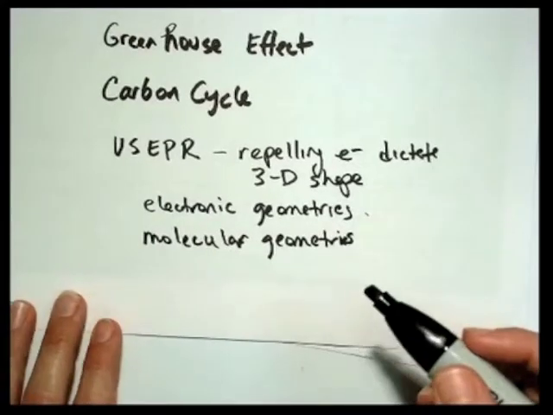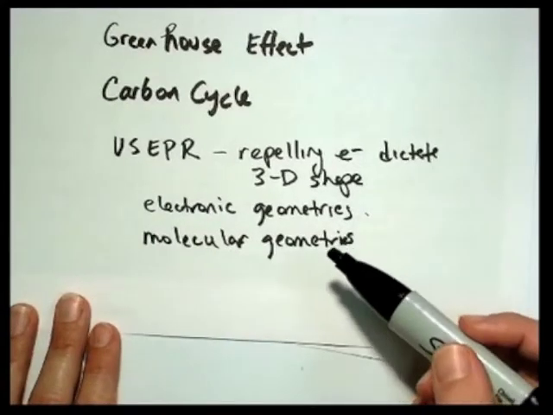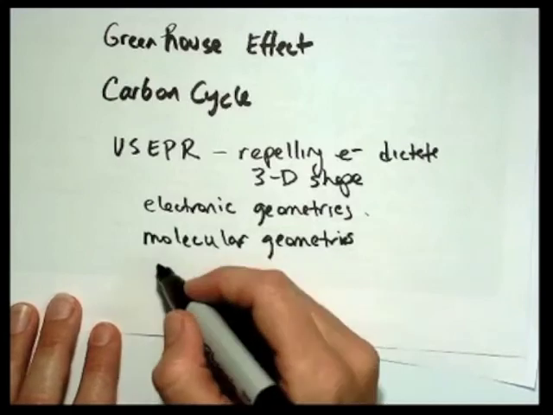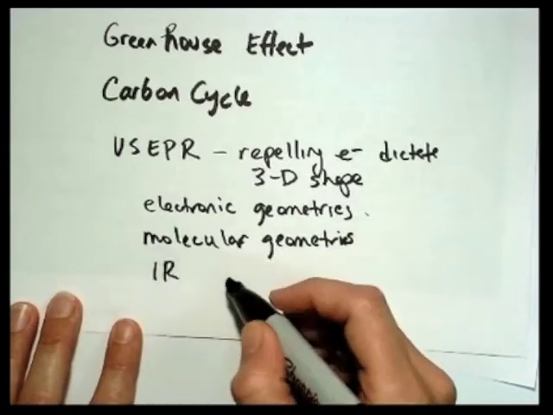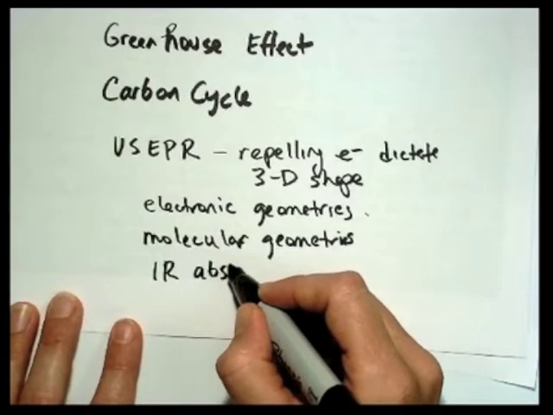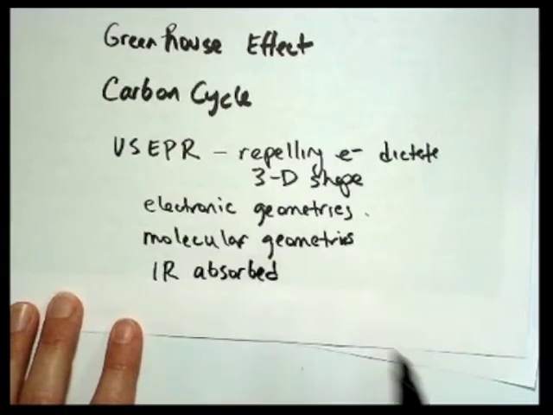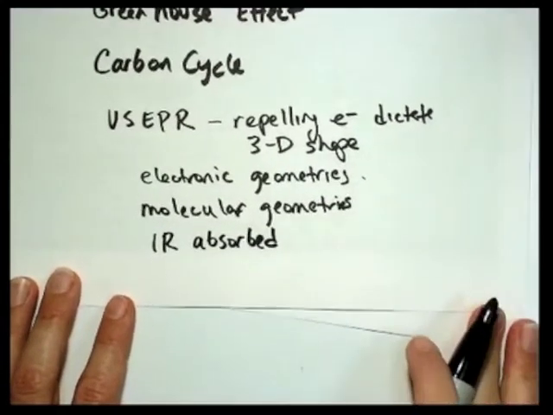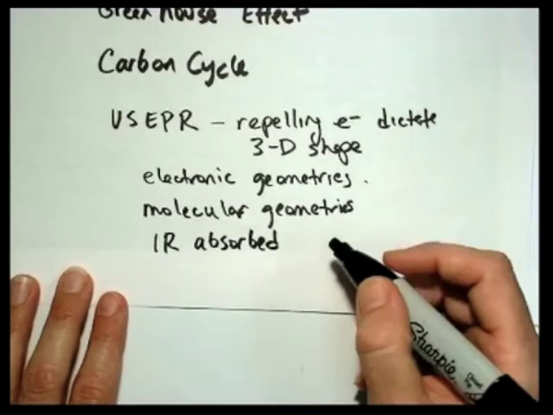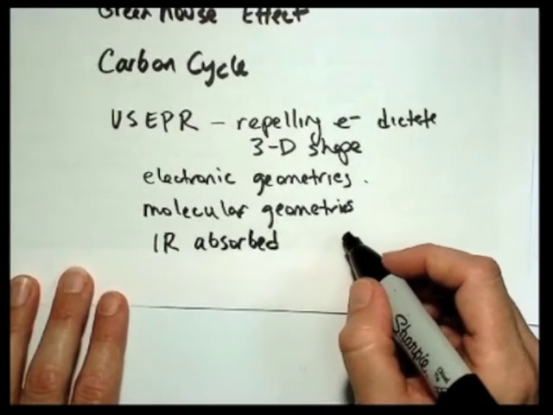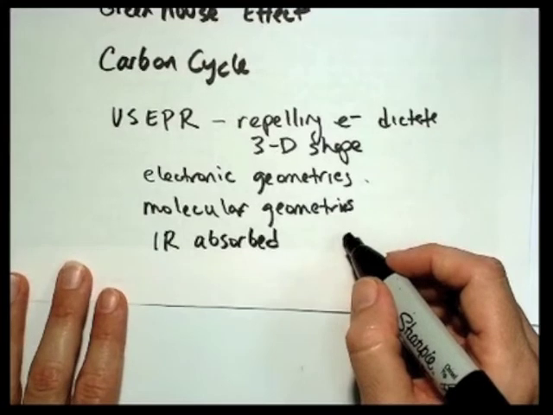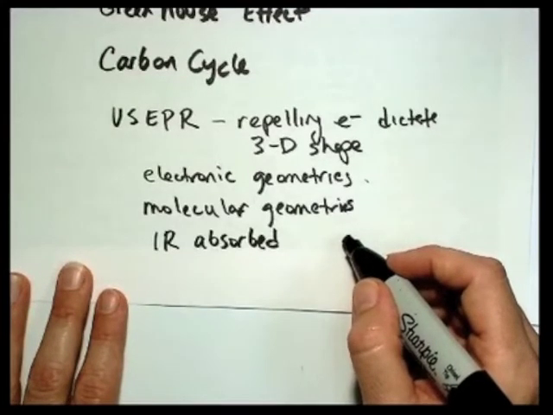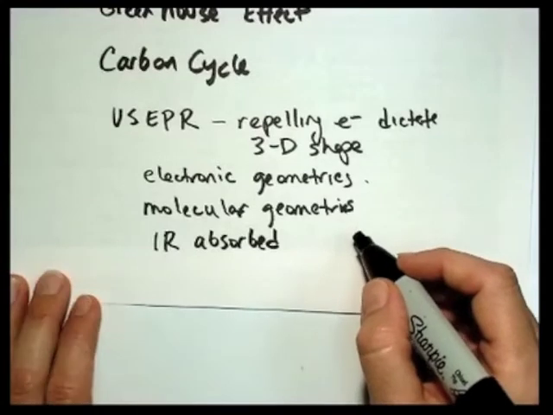And then the other basic idea, and we had to understand this so we could understand why infrared radiation is absorbed by some molecules and not absorbed by other molecules. The example that we really looked at was the carbon dioxide example, the bends, the stretches, and how to look at that IR spectrum and understand what's going on with that.